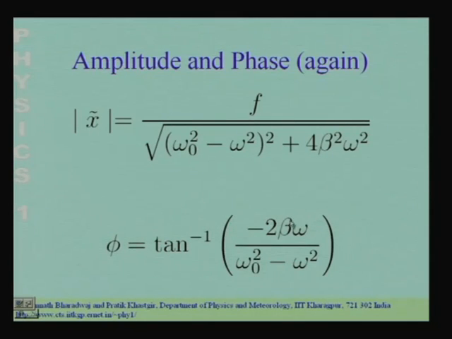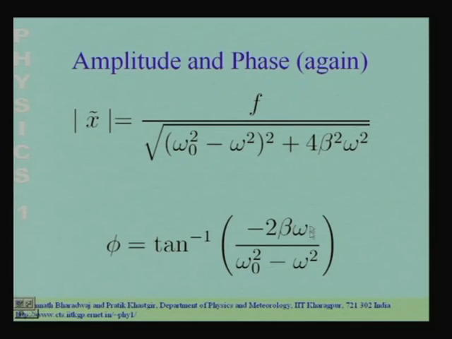Now, if you increase the frequency slightly, notice that the denominator is still positive, but the numerator is negative. So, if you increase the frequency slightly, you have tan inverse of a negative number. Tan inverse of 0 is 0.